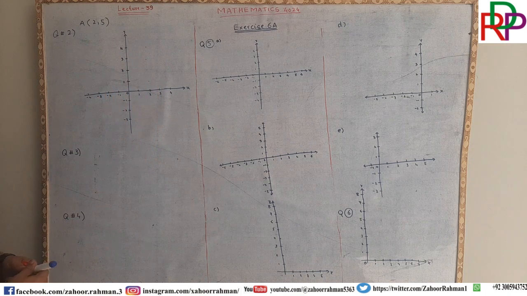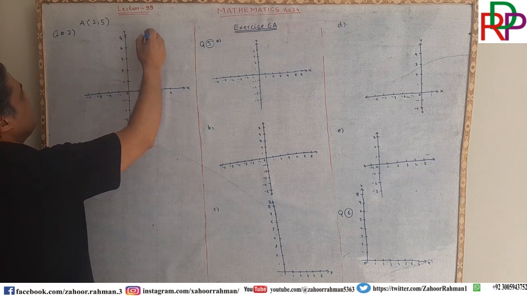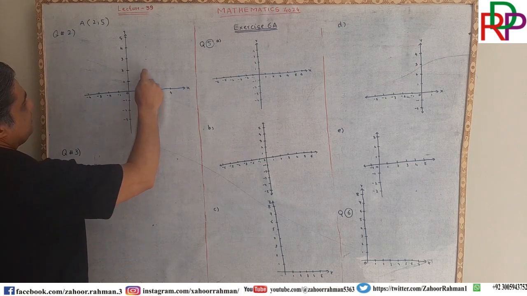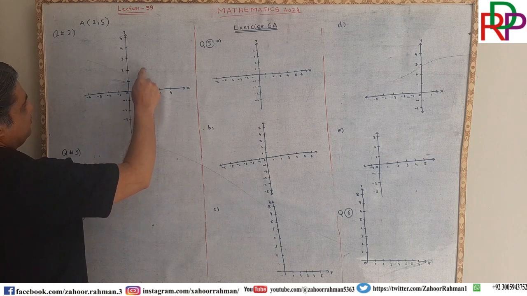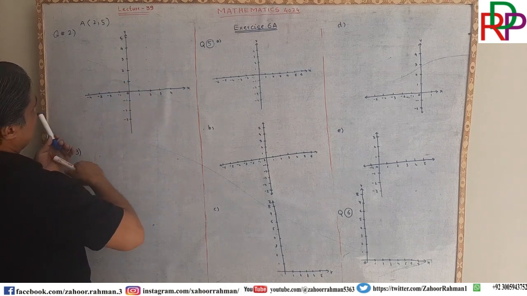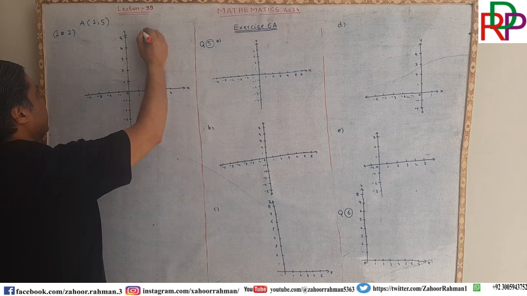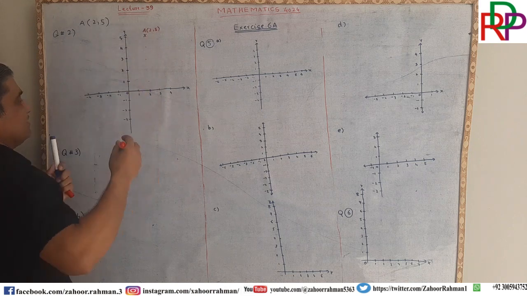Then you will find the point here: 1, 2, 3, 4, 5. So this will be the point (2, 5), and you have to mark it like this.